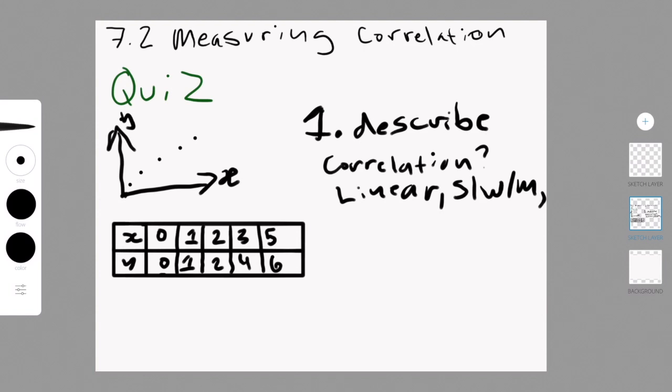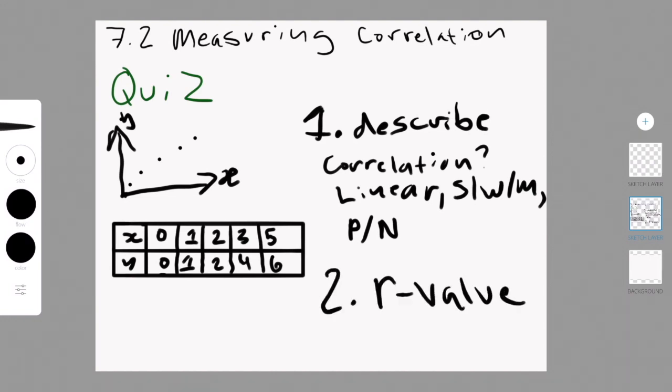And the second question is, what is the R value of this data? Feel free to pause and come back when you have your answer.